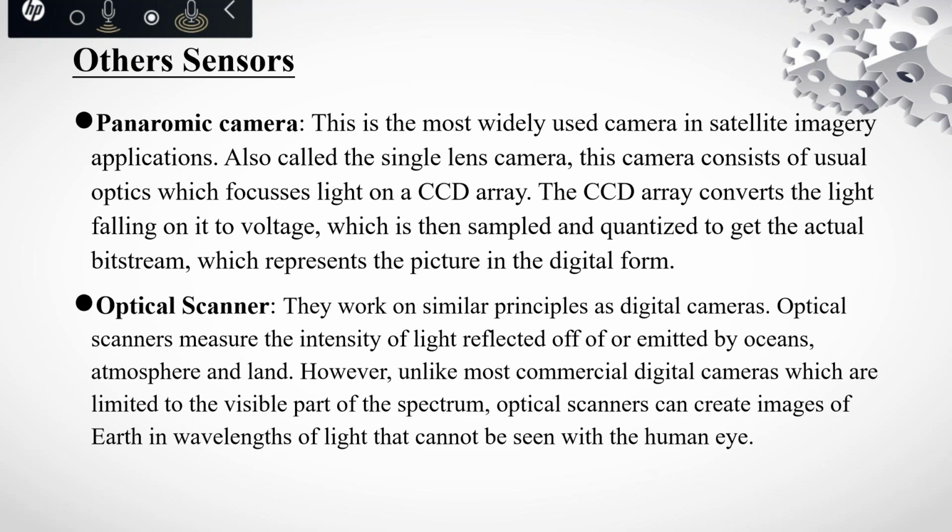So optical scanners can be used to detect light in regions such as ultraviolet, which can't be seen with the human eye. Though both are doing the same job, the scanner is also used to detect colors in the spectrum which are not visible to the human eye.